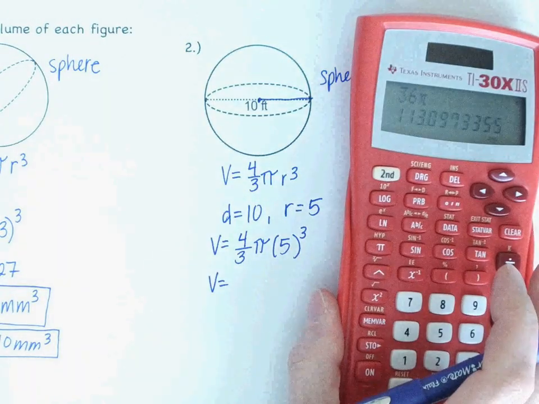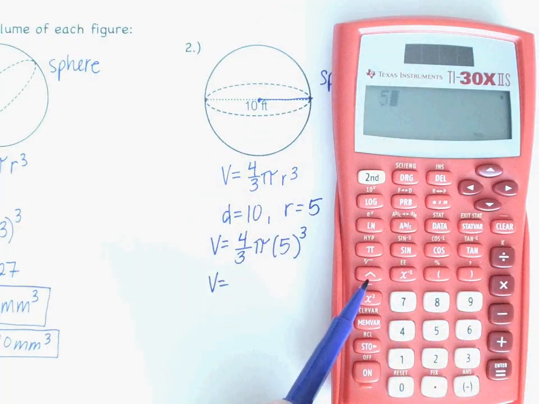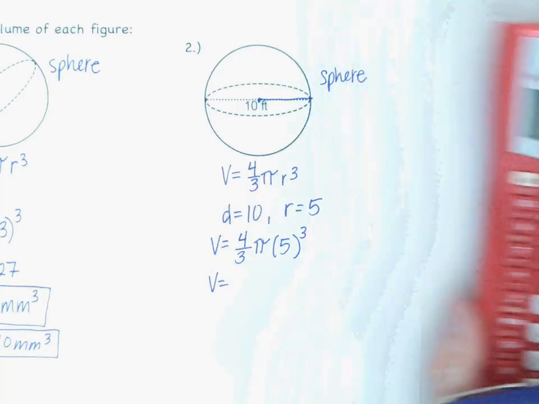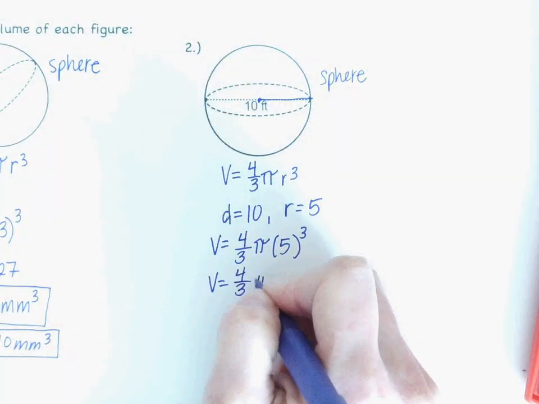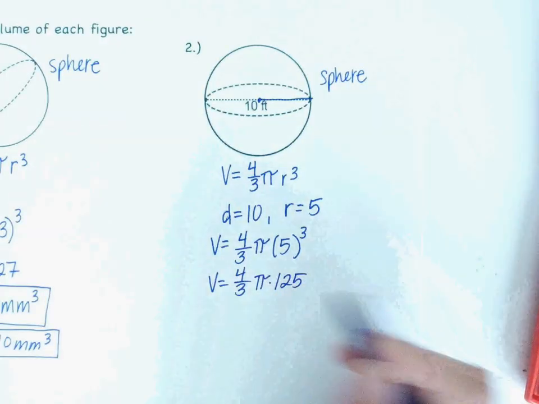So 5 cubed. Again, 5 to the power of, so this button right here gives me to the power of 3. Then I hit enter and I get 125. So writing down my constants, 4/3, write down the symbol pi times 125.